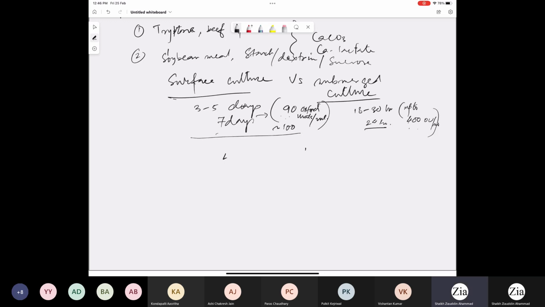Then first you grow them in a 4-liter flask. Then you transfer it to a 150 gallon working volume, and the reactor volume is 200 gallon.